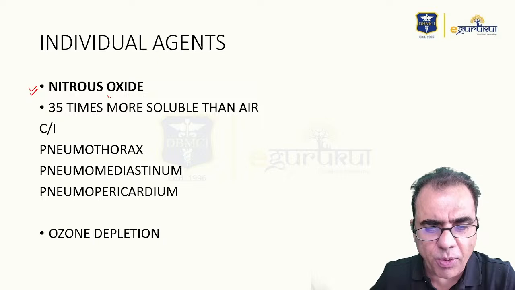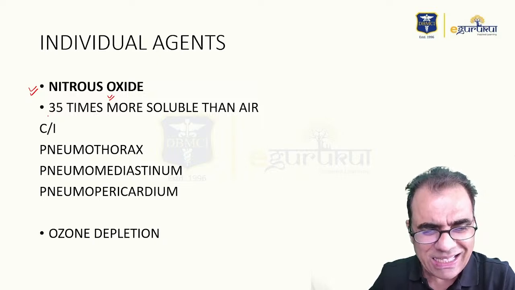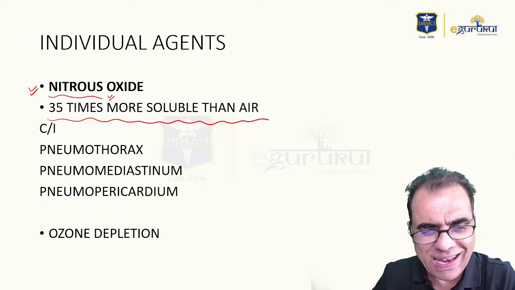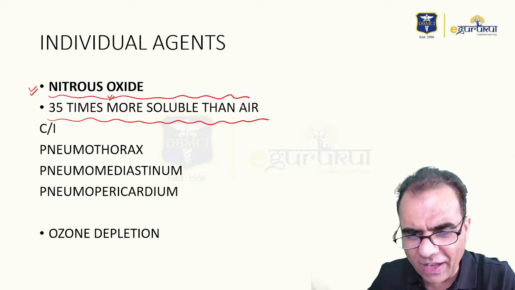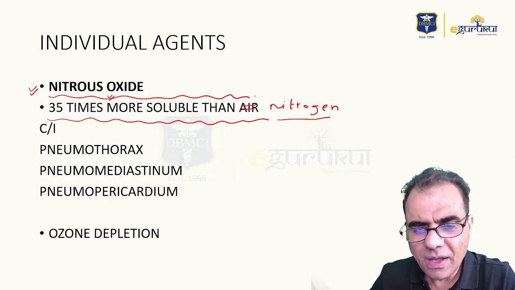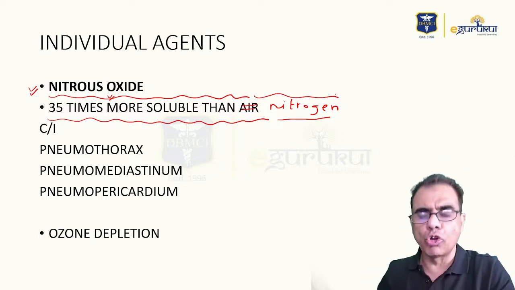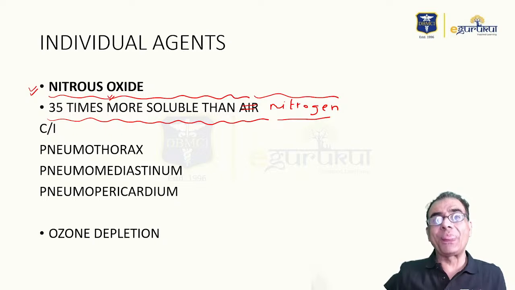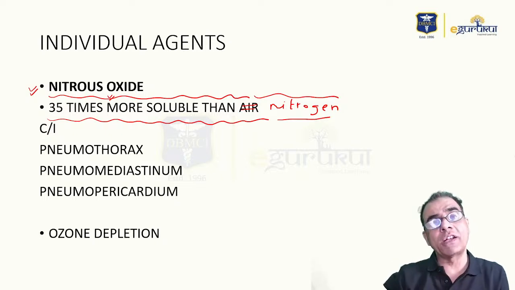A very important property is that nitrous oxide is 35 times more soluble than air, or rather, specifically, 35 times more soluble than nitrogen. So what does that mean? That for 1 mole of nitrogen removed, it will be replaced with 35 molecules of nitrous oxide.